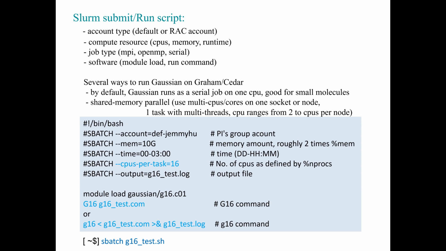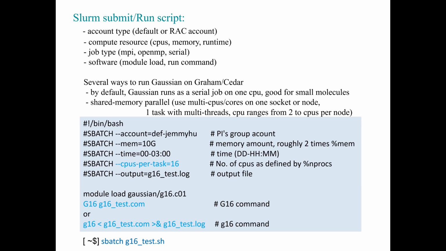But pretty much, each node's structure right now is 2 sockets. For the 32-CPU nodes, there are 2 sockets and each socket has 16 CPUs. OpenMP and Gaussian are of this type, so if a job runs its CPUs on one socket, it runs most efficiently.